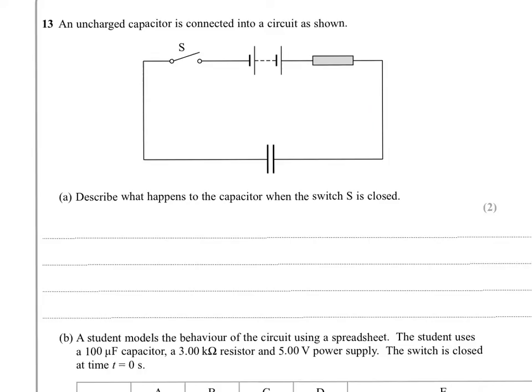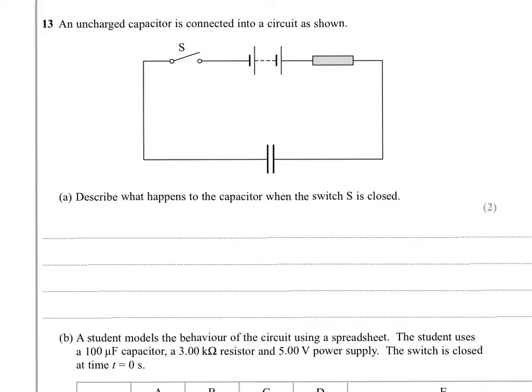So an uncharged capacitor is connected into the circuit as shown below. Describe what happens to the capacitor when the switch S is closed. Well, you're going to have to talk about the movement of charges here. So the negative terminal of the cell will push charges onto that side of the capacitor, and the positive terminal will remove charges from the other side.